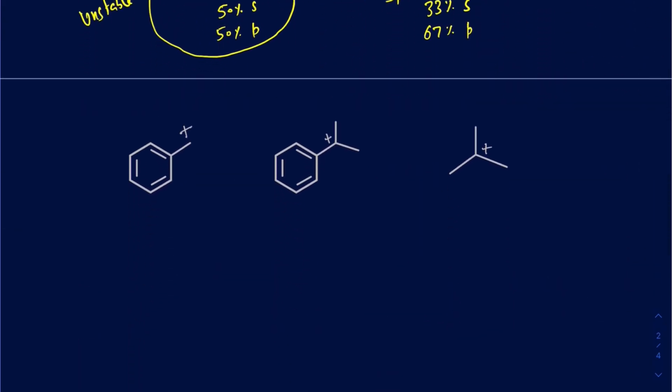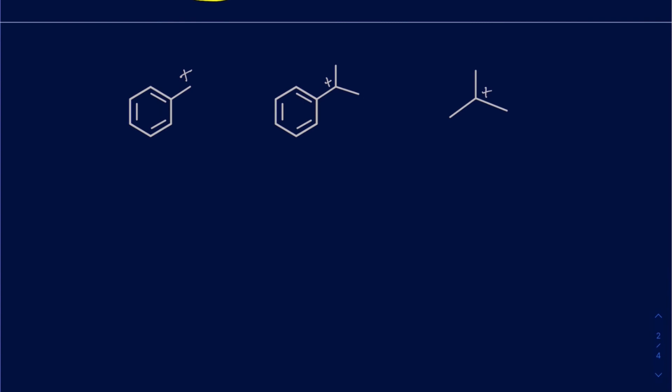If I want to look at this particular question before we go, so what are we really going on here? This is going to be your benzylic only. When I'm looking at this, this is benzylic. And I can probably say this is also going to be your tertiary carbocation, because you've got 1, 2, and 3. You can say it like that. And then this one is only going to be tertiary.